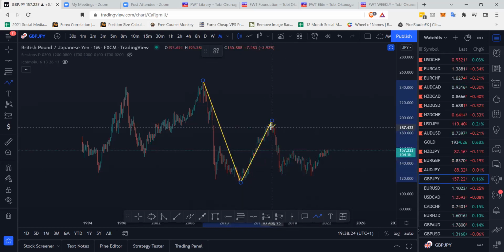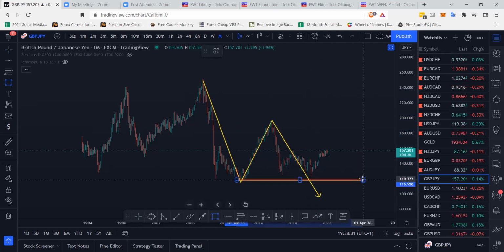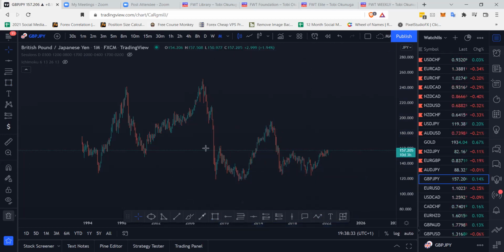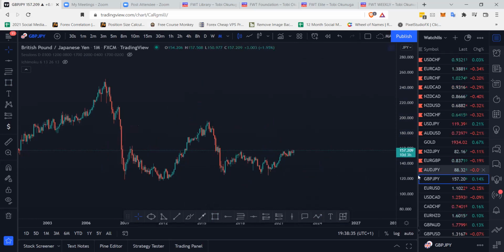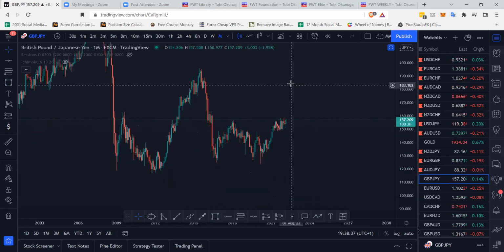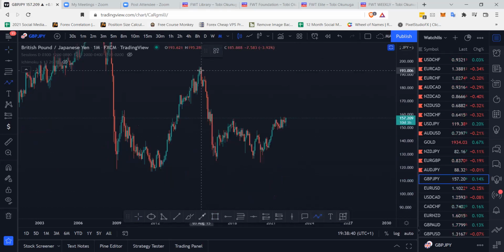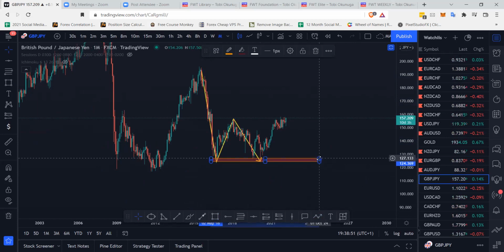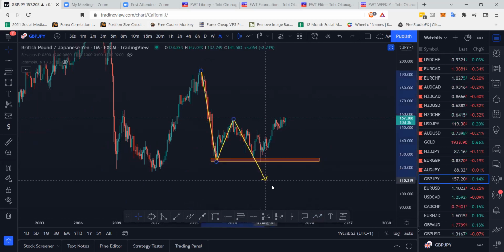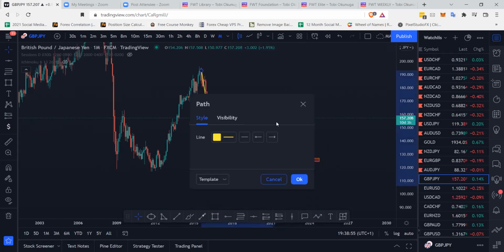If it's truly a downtrend right now, there should be a break of this level. But we didn't see that. Even if we use this move here, impulse, correction, we didn't see a break of this level to give us a pronounced downtrend.